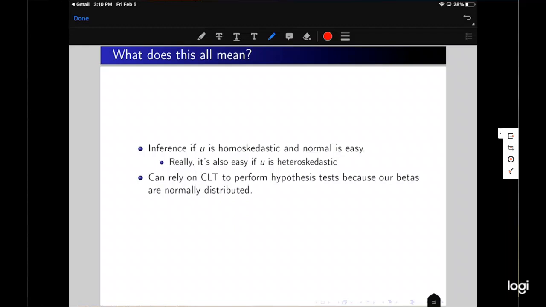And this means we can rely on the central limit theorem to perform hypothesis tests because our betas are normally distributed. So the bottom line takeaway for this is just always estimate heteroskedastic robust standard errors.